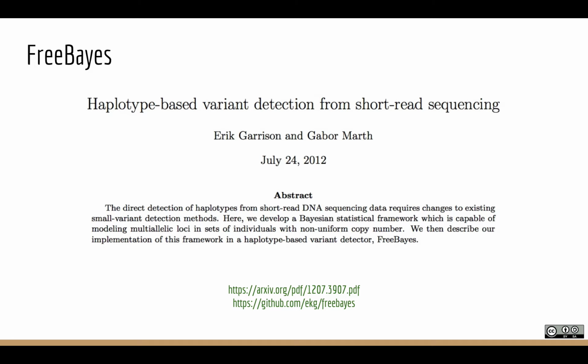FreeBayes is another widely used tool. GATK and FreeBayes are sort of the Ford and GM of variant calling. This was written by a grad student in Gabor's lab a number of years ago, and it's another paper that has been cited thousands of times but has never actually been published. It's been on arXiv forever, for reasons that are unclear to me.